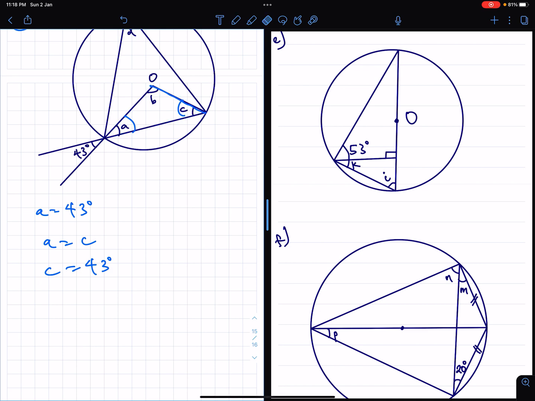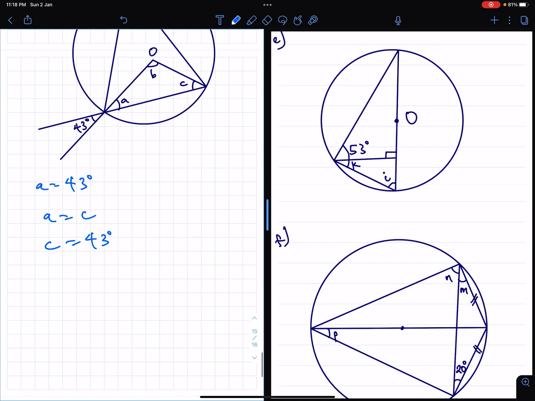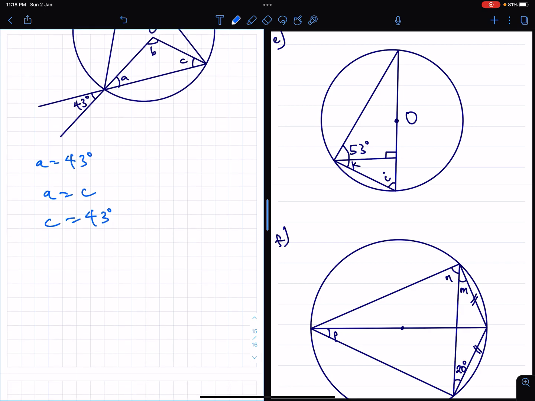Now we can find B. We know that A plus B plus C is 180, angles in a triangle.